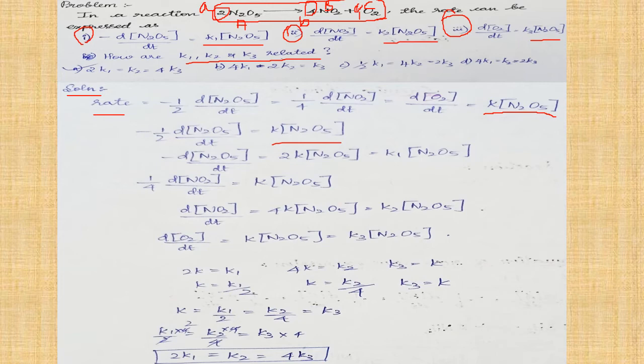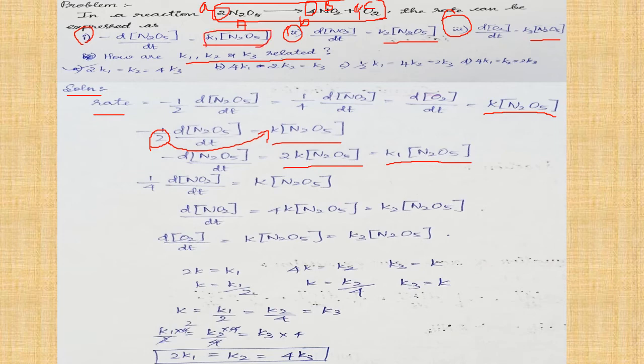By doing it, this 2 goes to this side. We get minus dN2O5 by dt is equal to 2K N2O5 is equal to K1 N2O5. This minus dN2O5 by dt is equated to K1 N2O5.